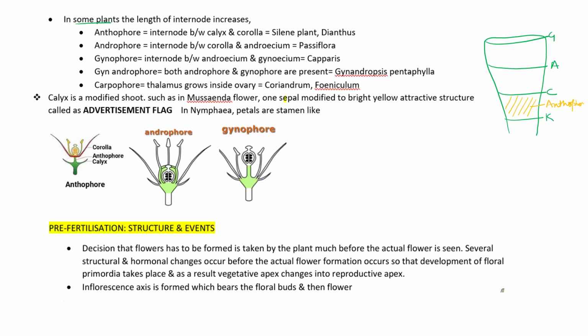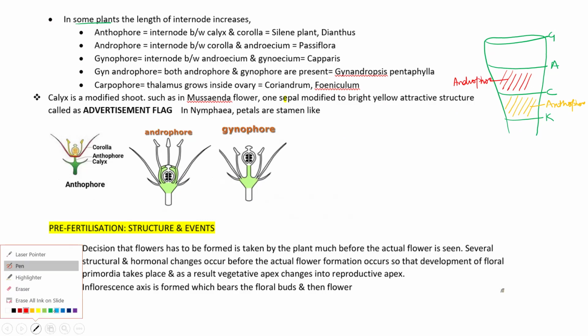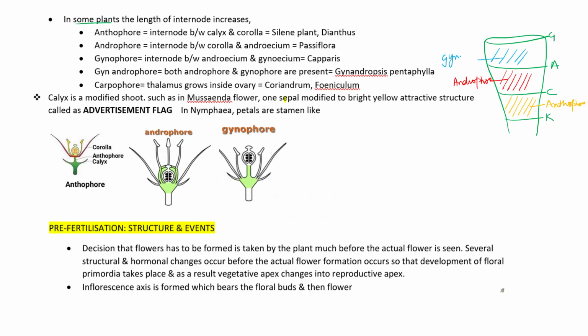If internode elongation occurs between the corolla and androecium, this is known as androphore. And between the androecium and gynoecium, you will say gynophore.